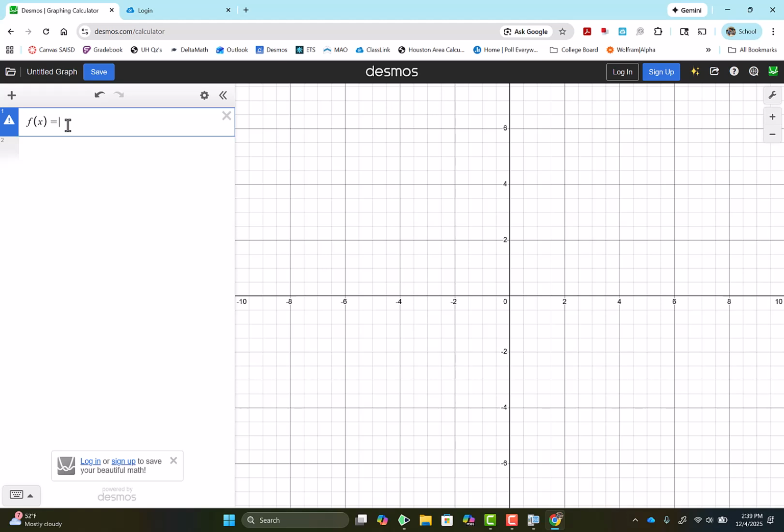Give me the original area formula. 2 pi r squared. I'm going to call it x squared. Plus 2 pi r times height, 2 pi times radius times height.